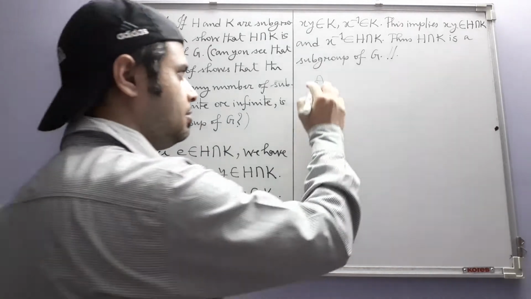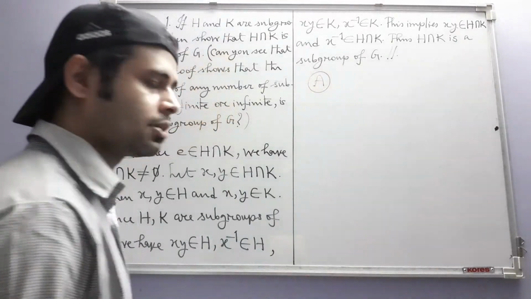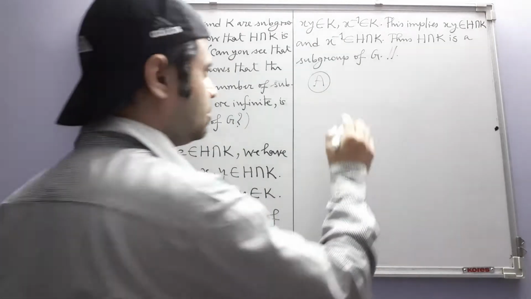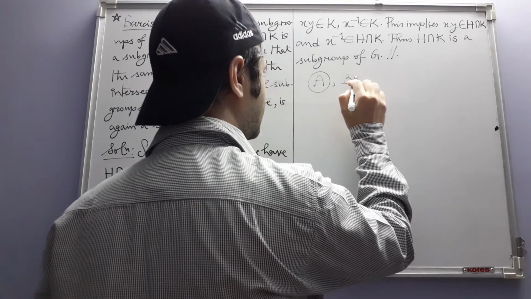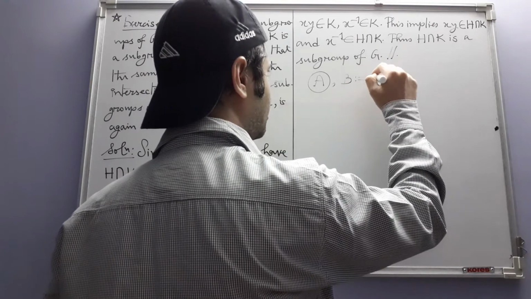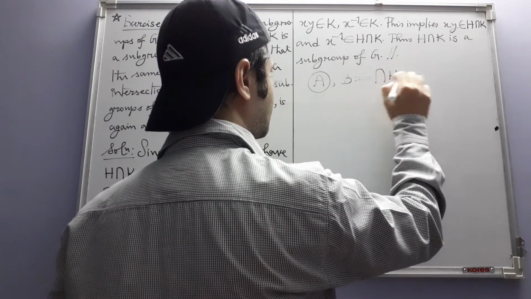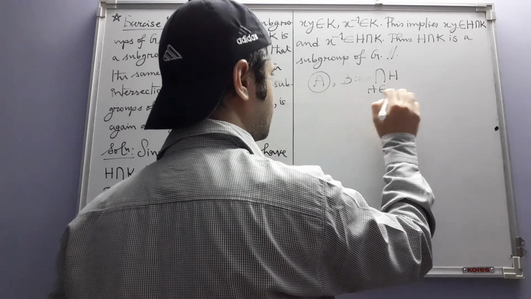It's just any non-empty collection of subgroups of G. Then you consider the intersection of all the subgroups in this collection.